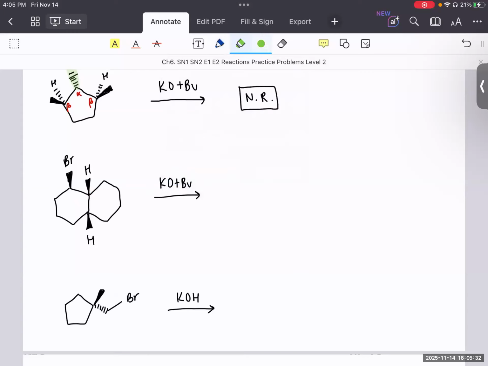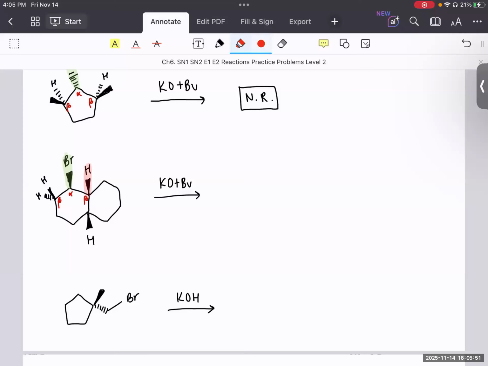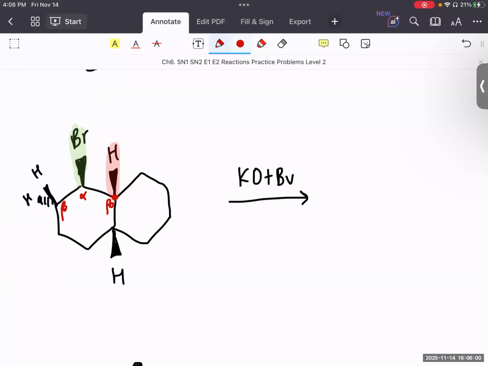All right, next one, same thing, identify our leaving group and identify the available hydrogens on beta carbons. And so on this one, on the left, we have a wedged and a dashed hydrogen. And here, for this carbon, we actually don't have another hydrogen because this carbon, I'll zoom in here, right here already has 4 bonds. We have 1, 2, this hydrogen, and to the left.